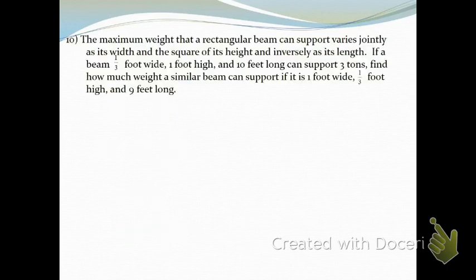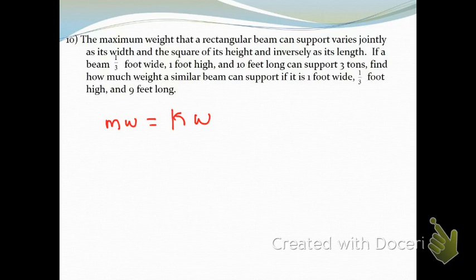Okay? The maximum weight that a rectangular beam can support. Okay? So let's call it MW, maximum weight. That's one variable. MW, the maximum weight that a rectangular beam can support, varies jointly with its width and the square of its height, and inversely with its length. So let's go constant times the width.